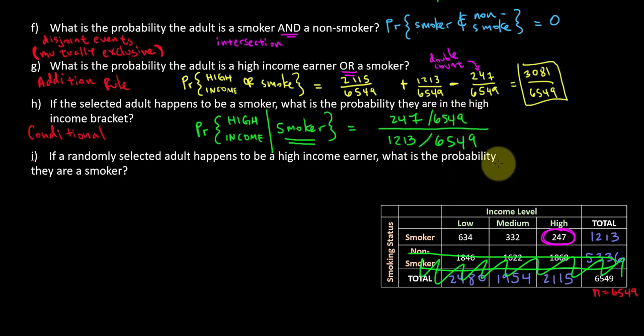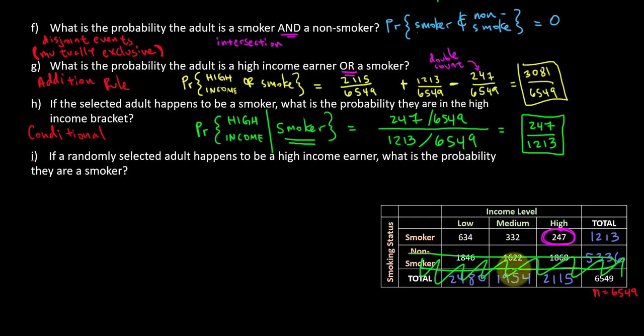And as you can see here, these handy dandy divisions by 6549 will cancel, and this will simplify to 247 out of 1213. So conditional probability, notice this 247 came from the intersection, both high income and smoker occurring together.